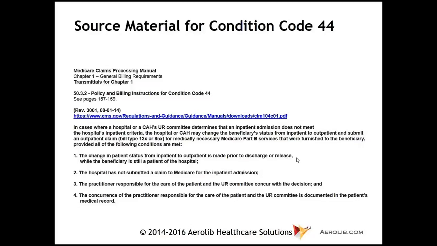Then you can change the beneficiary status from inpatient to outpatient and submit an outpatient claim, but only for the medically necessary Medicare Part B services that were furnished. But then it puts a caveat on there, providing that all the following conditions are met.